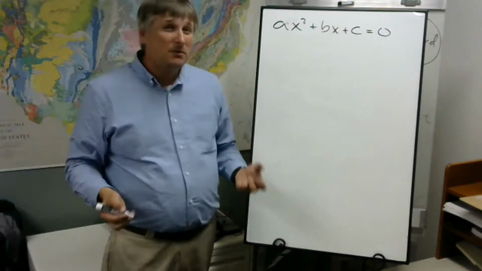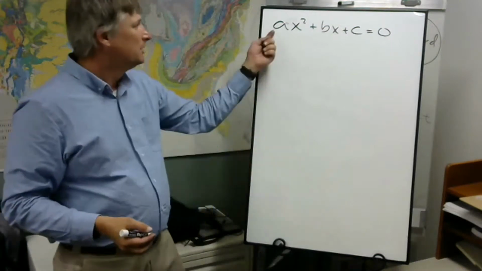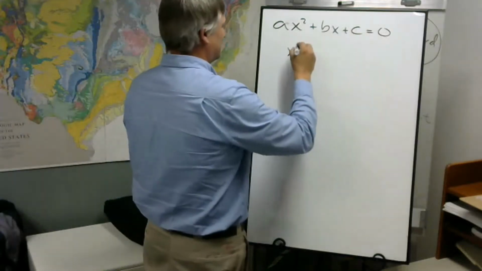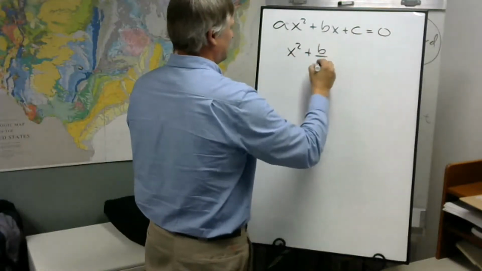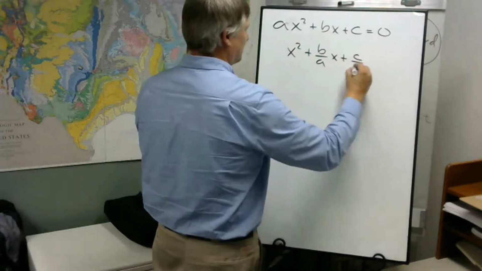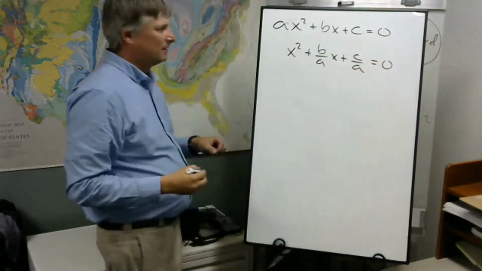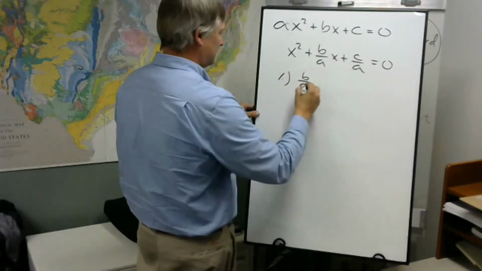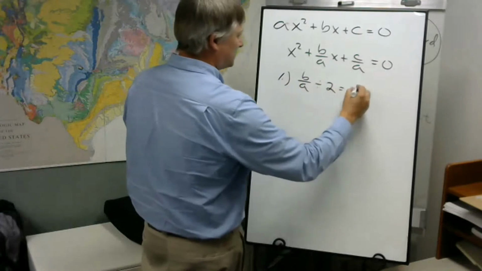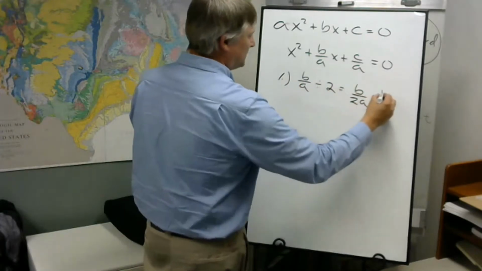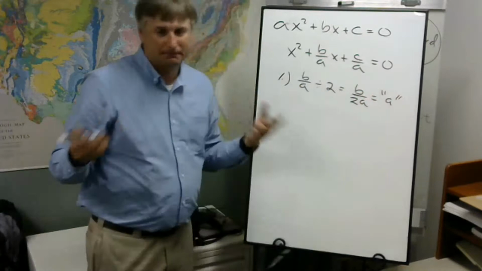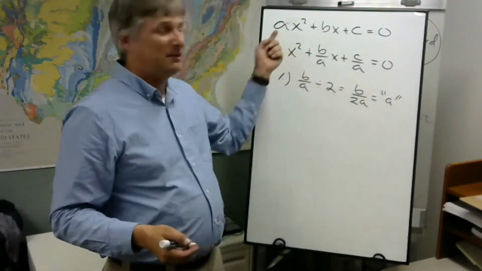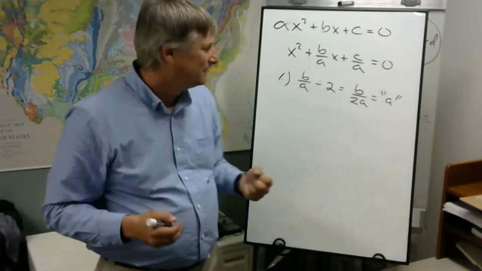So what we do is we do the technique of completing the square. So we divide everything by a. We divide this by 2, and it comes out to b over 2a. Now this is the lowercase a from our technique for completing the square. Not to confuse this a with the a here. They're two different a's.